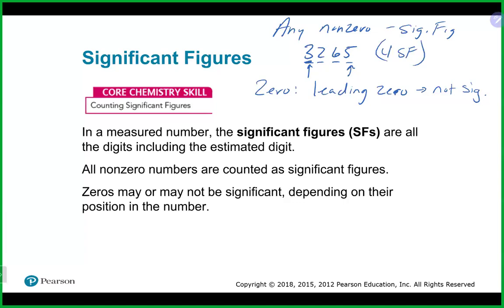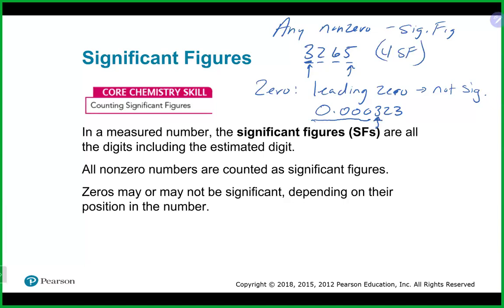So if I had a number written like so, 0.000323. Once again here, I'm going to start counting my significant figures left to right. I'm going to start counting my significant figures when I hit what type of number? A non-zero. So I'm not counting until I hit a non-zero, which means as I go left to right, I have not hit a non-zero until I get to right there.